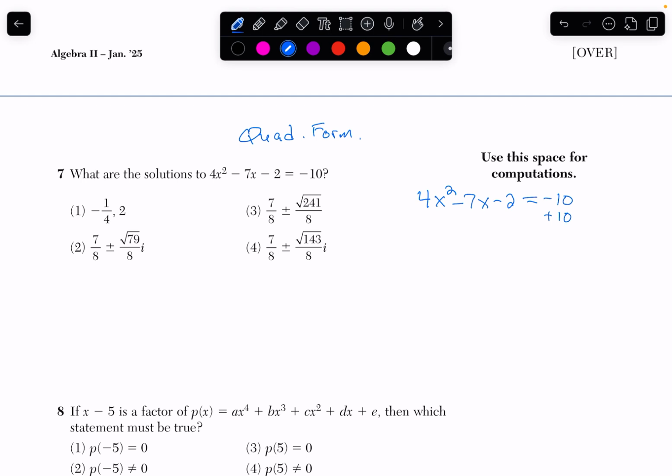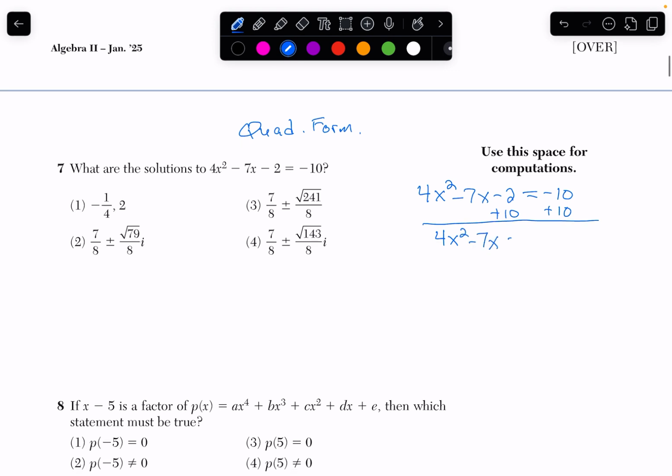I'm going to add 10 to both sides because we have to get it equal to 0. 4x squared minus 7x plus 8. So a is equal to 4, b is equal to negative 7, and c is equal to 8.